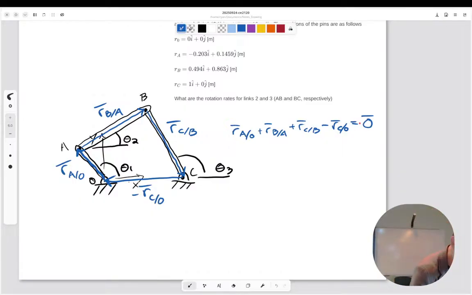So then, does this tell us anything about velocity? Like the velocity of A and the velocity of B with respect to A, the velocity of C with respect to B. No? Nothing? What is it? You don't think so? Okay.